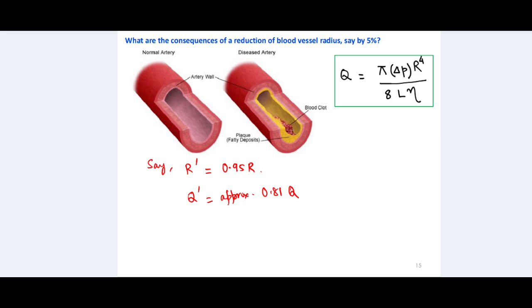So let us say that the radius reduces by 5%, okay? So say R prime is just 0.95 R. So how much is Q? Because of this very sharp dependence on R, how much is my Q? So Q prime will be how much?